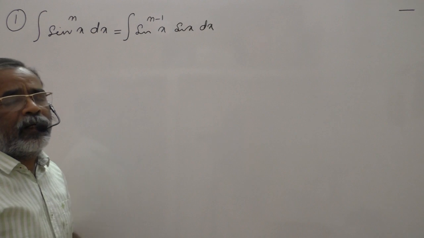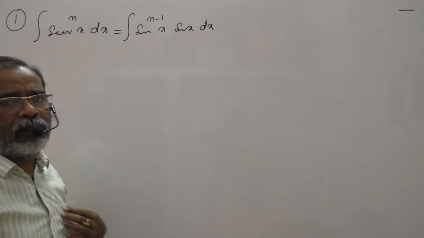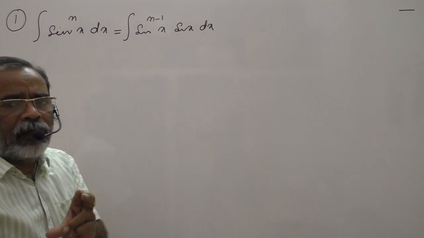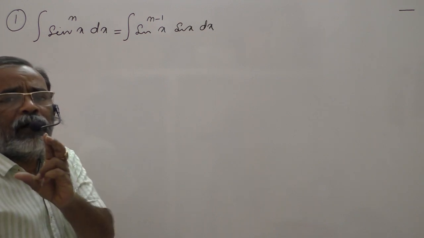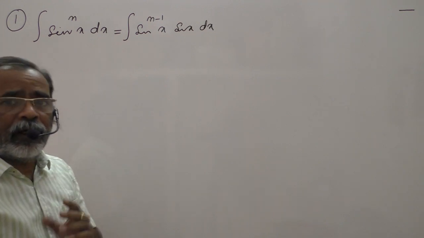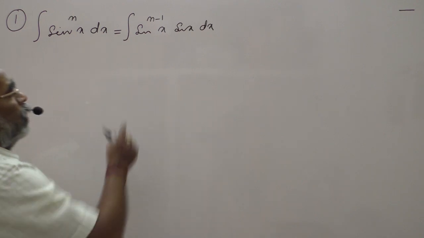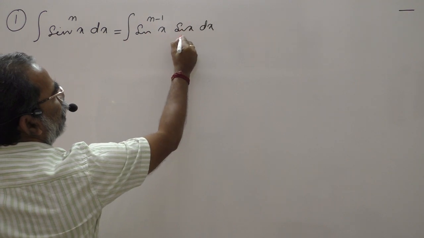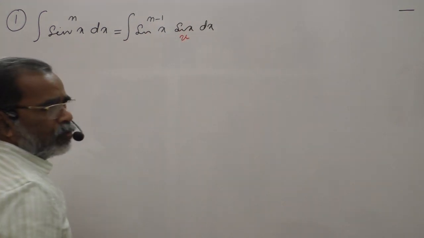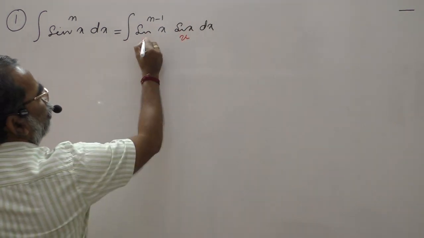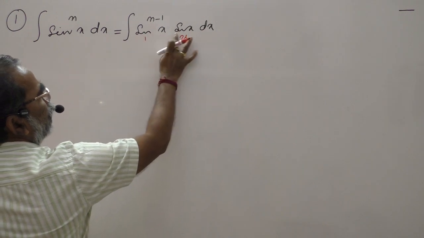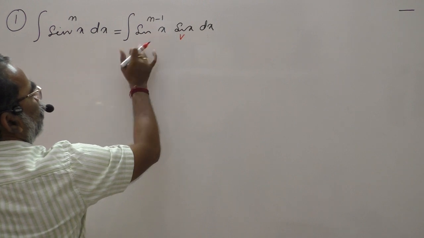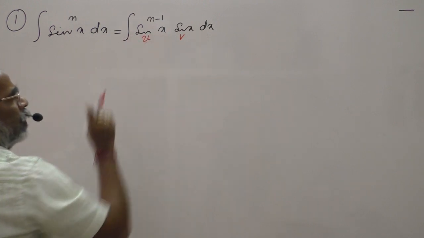While selecting the first function and second function, in the last video I said the second function should be very simple to integrate any number of times. By comparing these two, this one will have an integral directly. So I will take that as the second function, that is v. The remaining will be the first function.